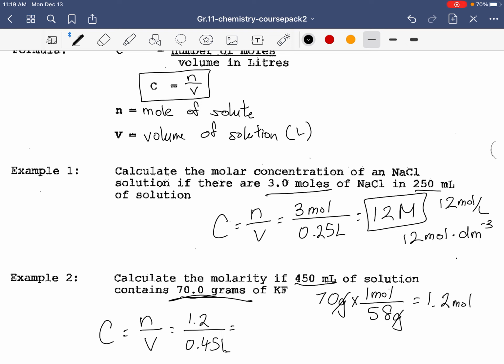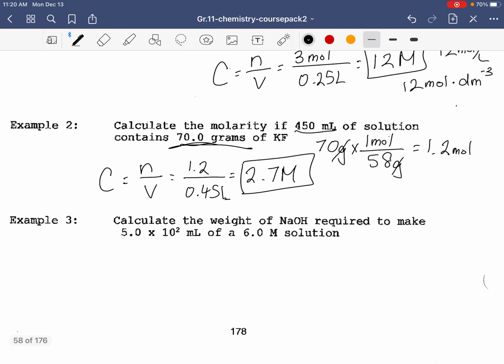So what I have here now is, of course, 1.2 divided by 0.45. The answer is 2.7 M. Okay. So I guess sometimes you're just going to have to be careful when you're reading these types of questions. Make sure what you are given is what you're going to put into your equation, or else you're going to be in a lot of trouble.